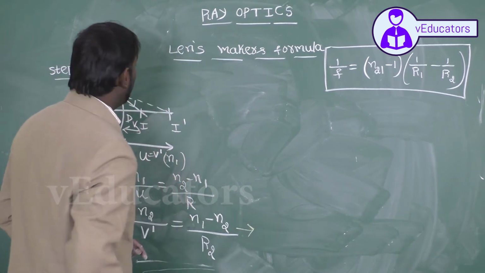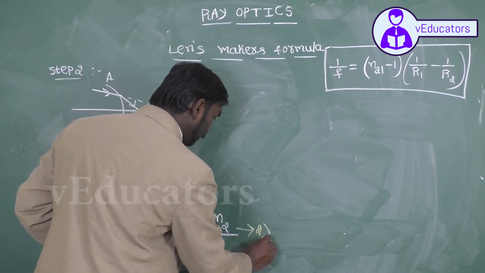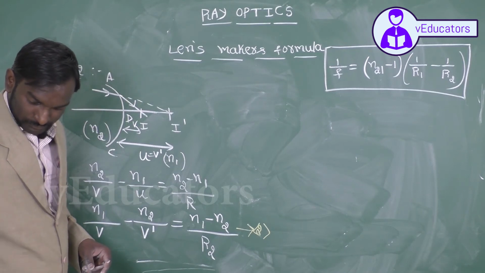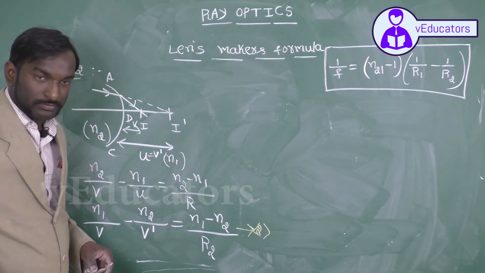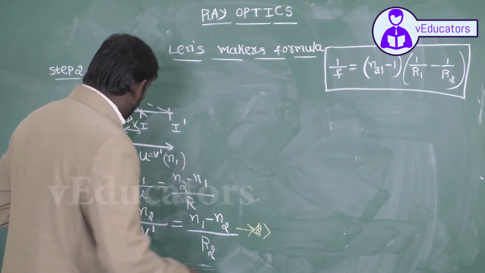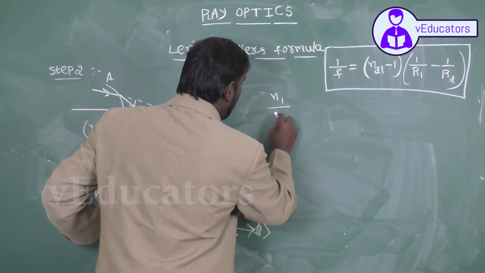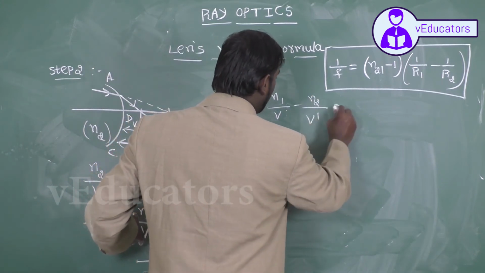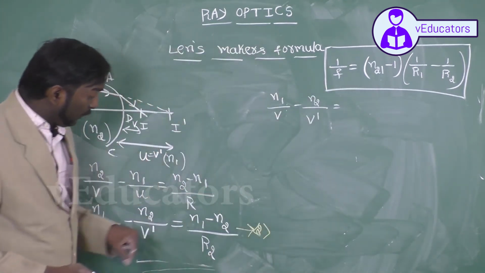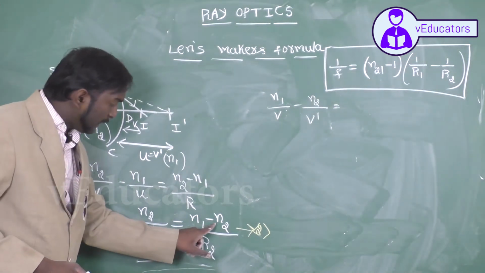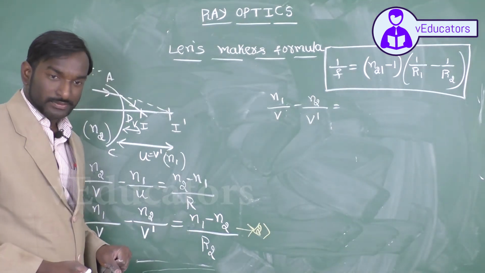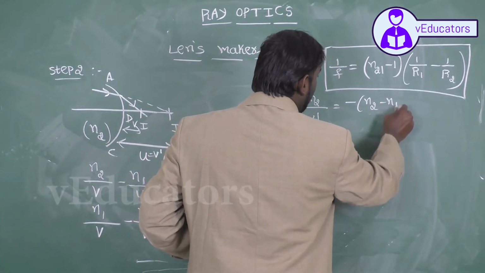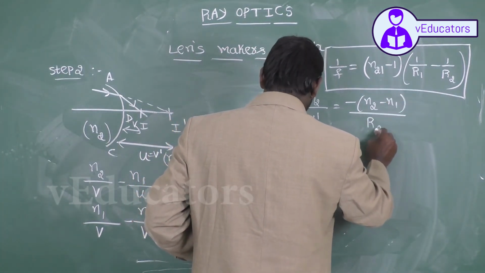So it's equation number 2. I'll write n1 by v minus n2 by v dash, which is equal to, for simplification, I'll take the negative sign outside: minus of n2 minus n1 by R2.